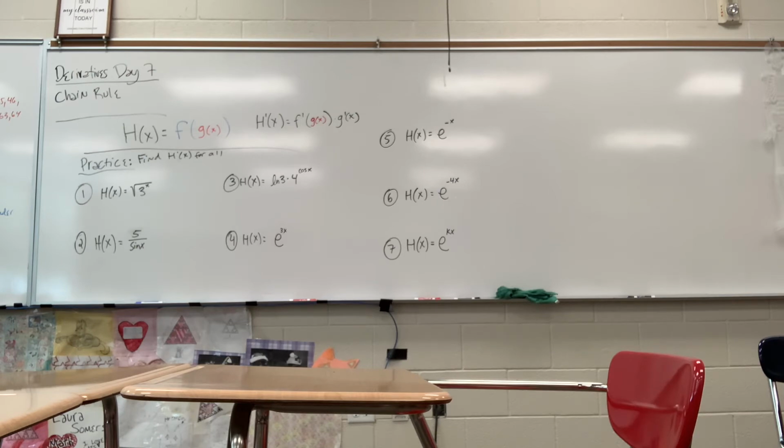So it would be basically f of root g of x. So if it's 5x half, it's 2.